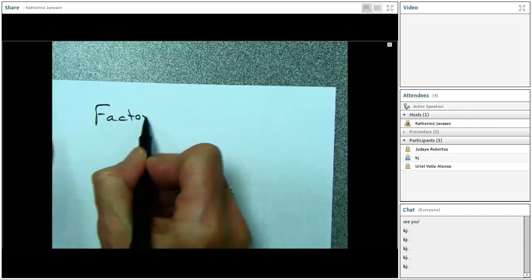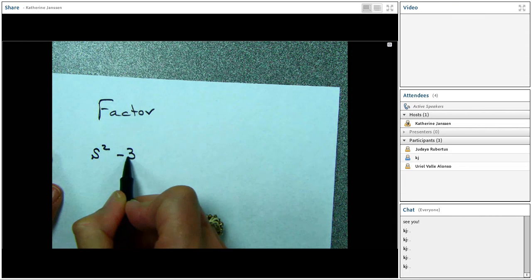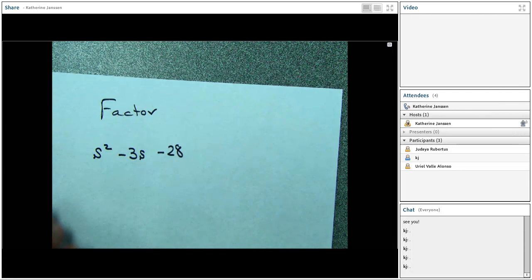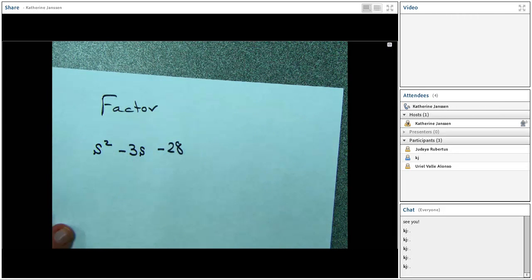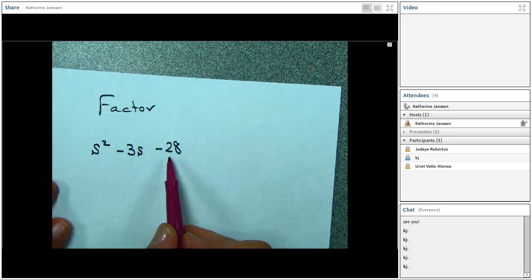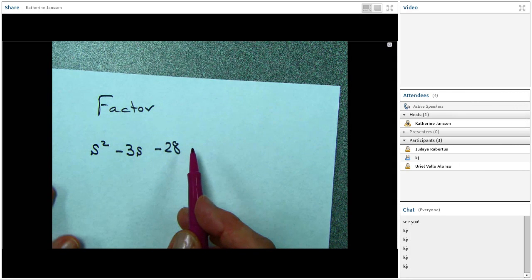Factor s squared minus 3s minus 28. Again, what you want to be able to recognize quickly is that we're factoring a trinomial. We're adding and subtracting. We're going to write our equivalent answer as a product.